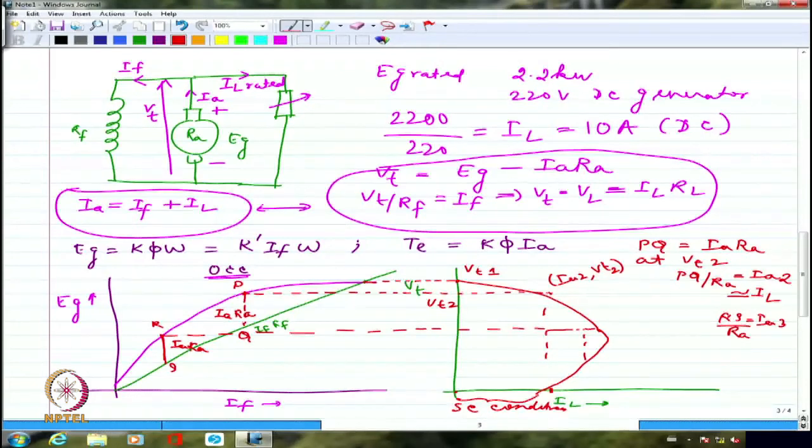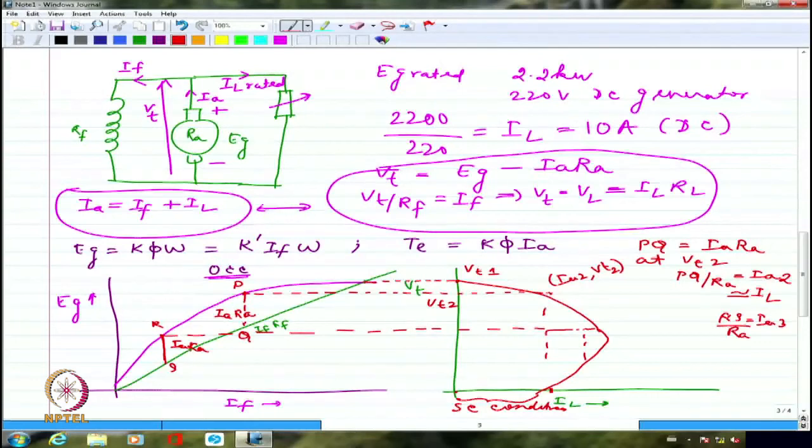Whenever I have a short circuit condition, I can probably end up in that inadvertently, not intentionally, maybe by some chance it has become a short circuit. Despite being under short circuit condition, I am going to have the generator automatically protected against overcurrent. The currents will not be extremely large.